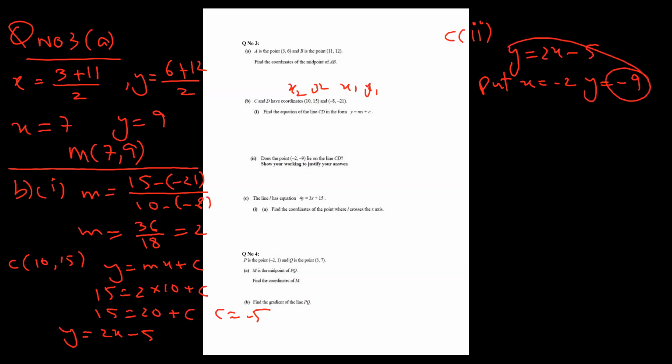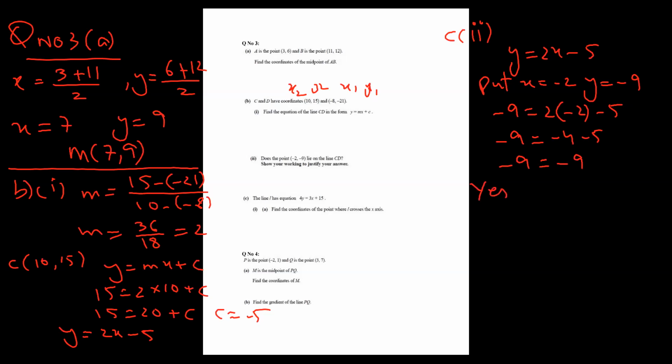When I put these values here, and 2 times negative 2, if the left side and right side match, it means the point lies on the line. Yes, left and right match. So the point minus 2 comma minus 9 lies on the line. So proved.